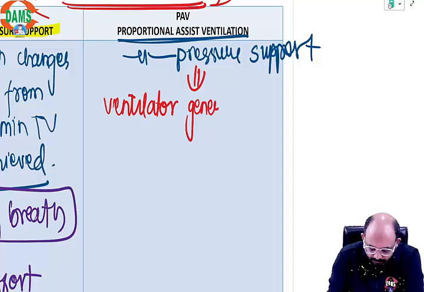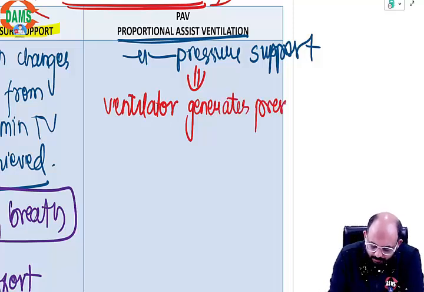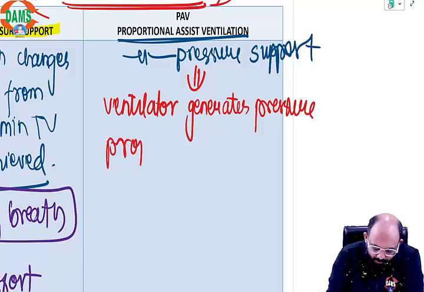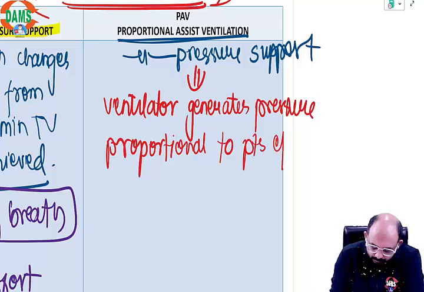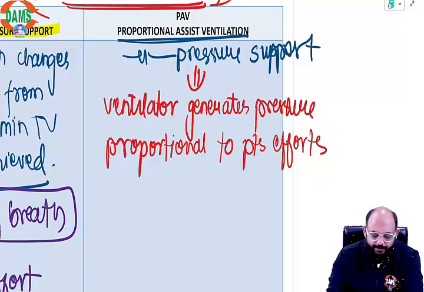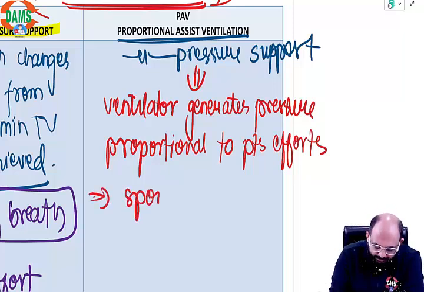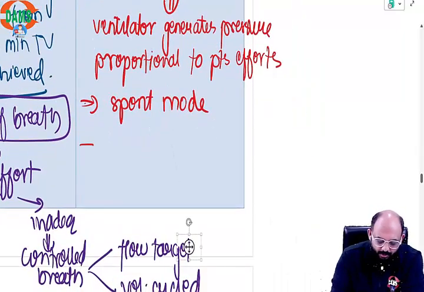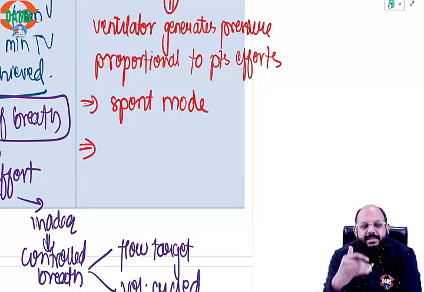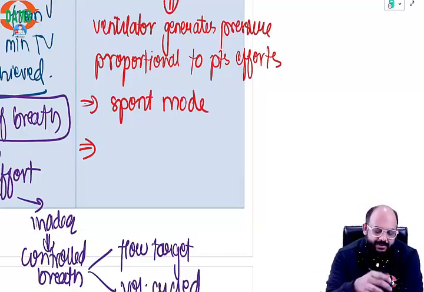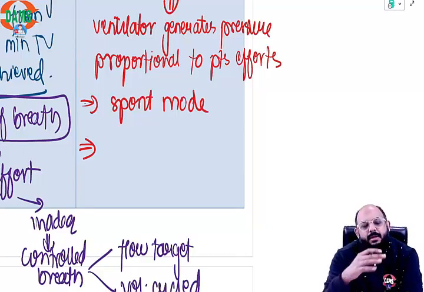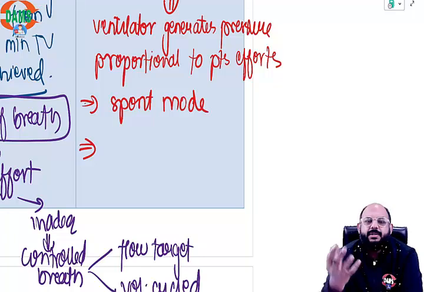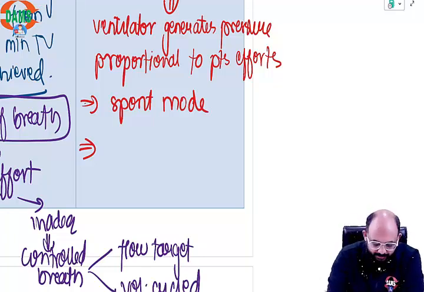This is a spontaneous mode of ventilation. What the operator does is set the percentage of support that the operator wants the ventilator to give to the patient. And then it will sense the inspiratory effort of the patient and deliver that particular support to the patient. The support can be 5% to 95%.